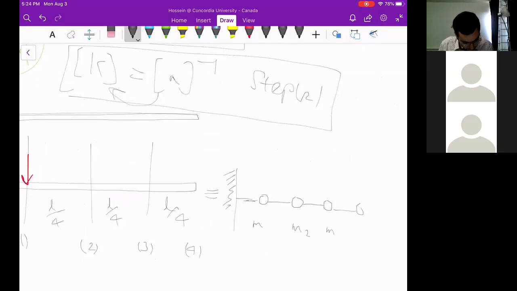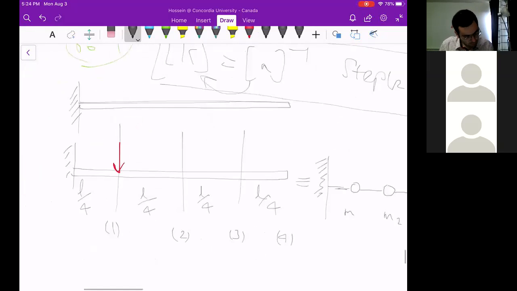The length between each is given as L/4. Nothing else is given here after.